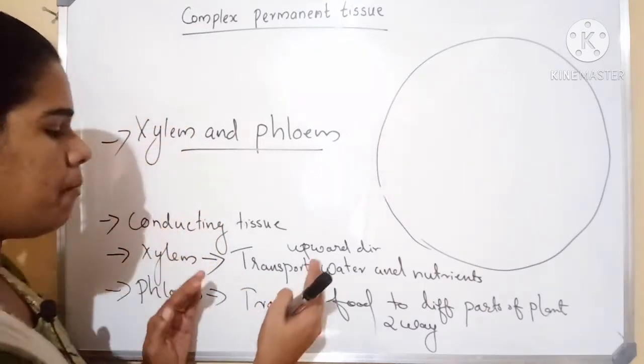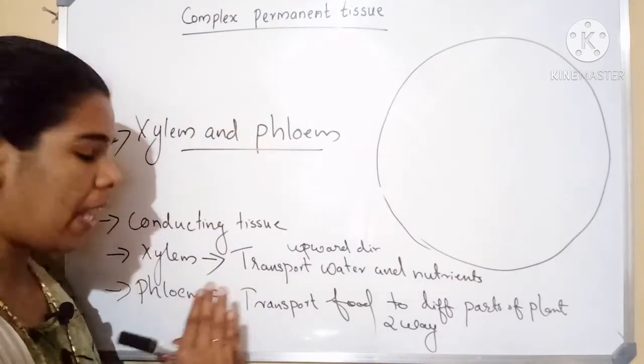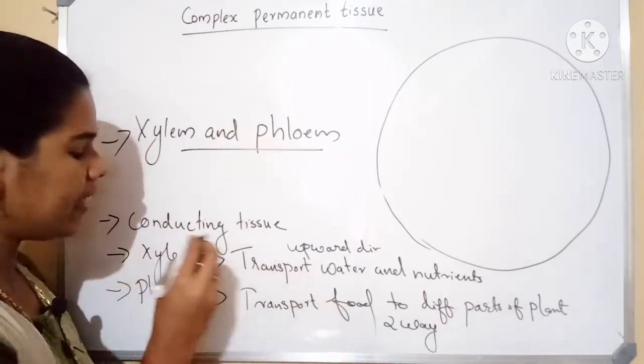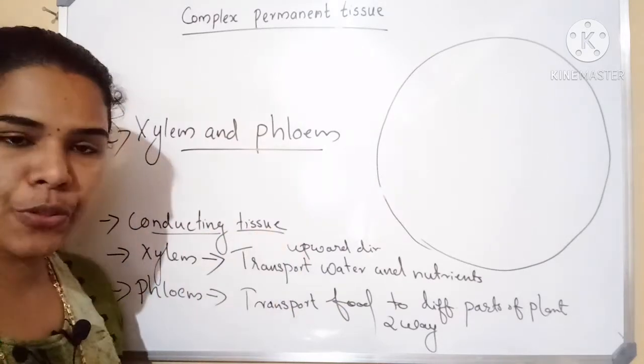These are the main differences between xylem and phloem tissue. Both are conducting tissues.